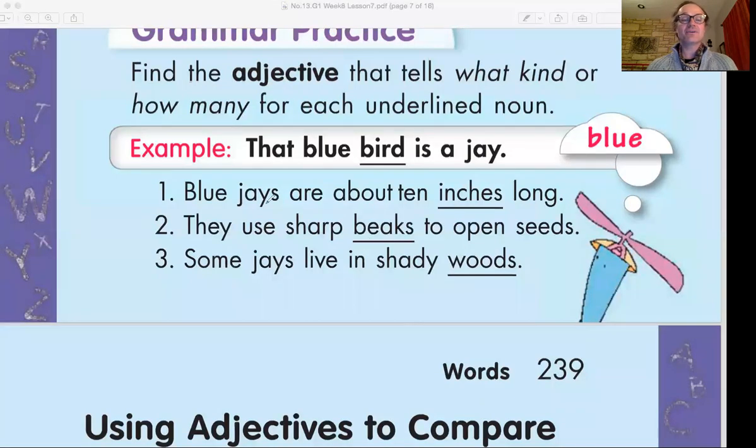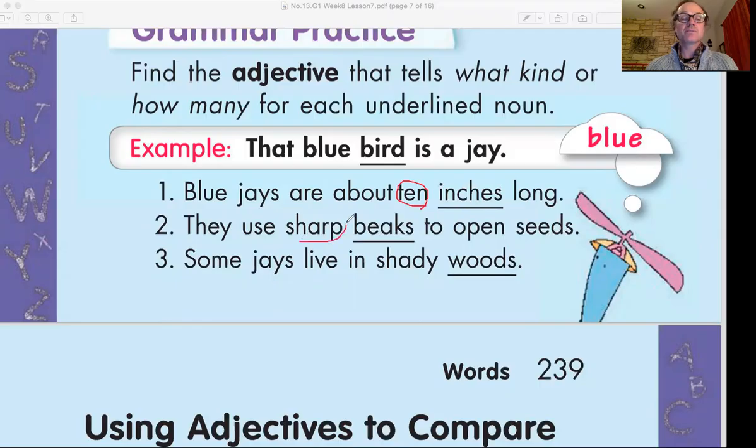Okay, let's answer those. Blue jays are about 10 inches long. What's the adjective that tells more about inches? This tells how many. So if you said 10, you were right. Number 2, they use sharp beaks to open seeds. The word beaks, and which is the adjective that tells what kind of beaks?